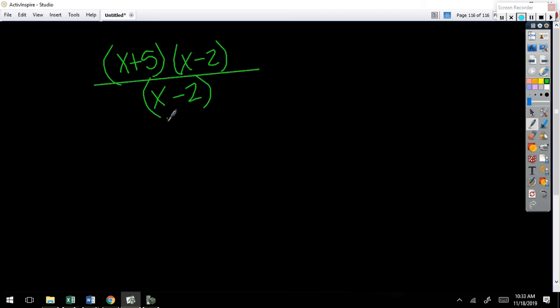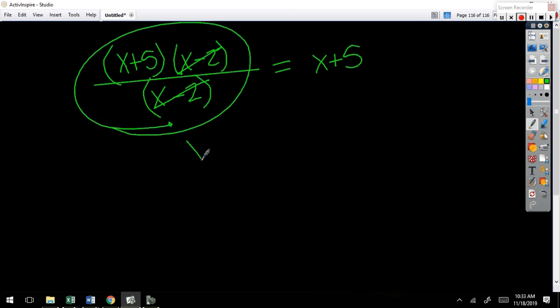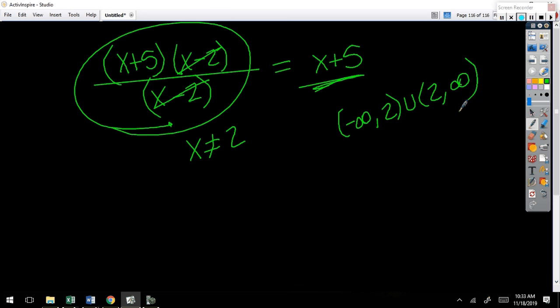Even though this simplifies down to x plus 5, because it was defined this way to start with, x still can't be positive 2. So yes, this is my new function, but my restriction still stands, x can't be 2. Even if it simplifies down, you have to look at the very original to see if there is any restriction on the domain. Does that make sense?